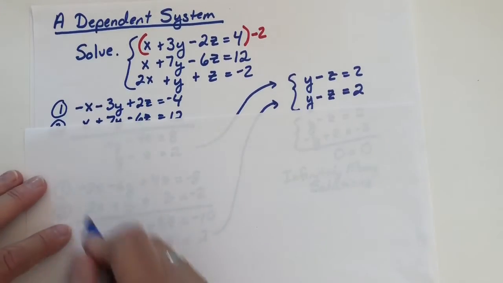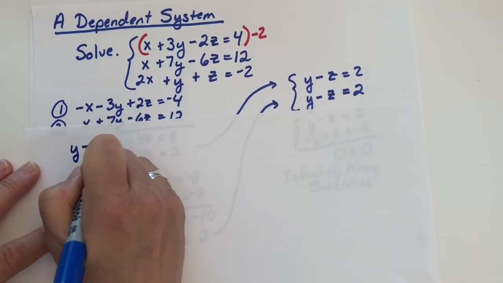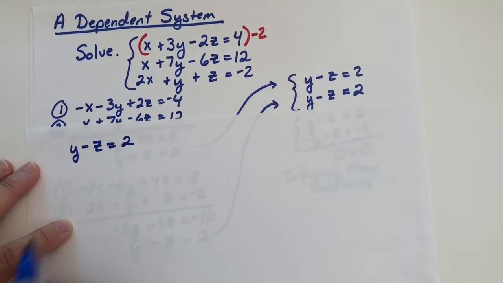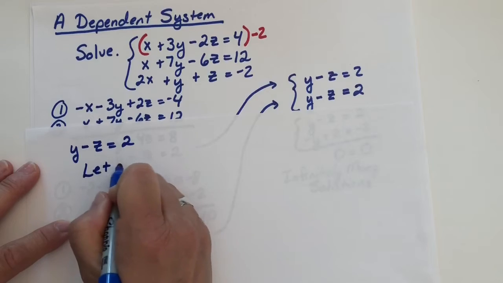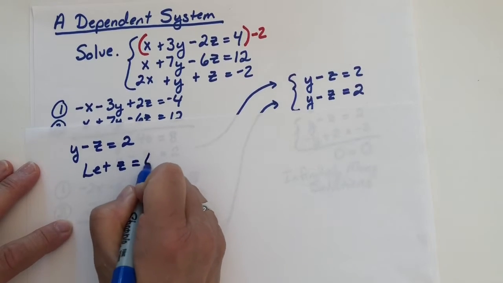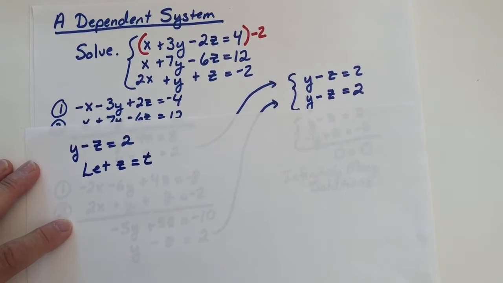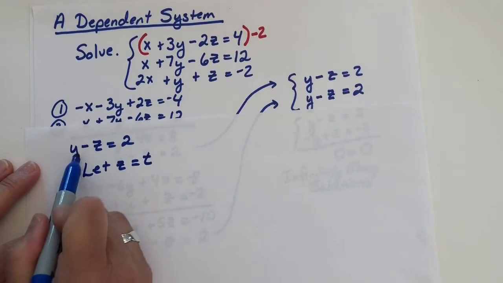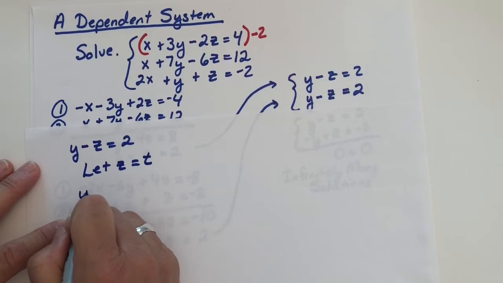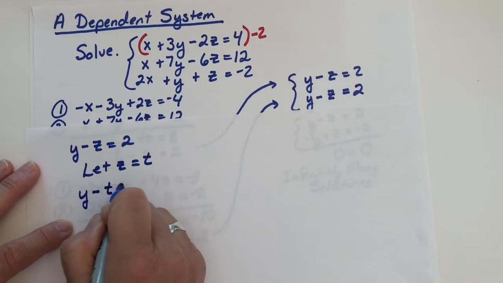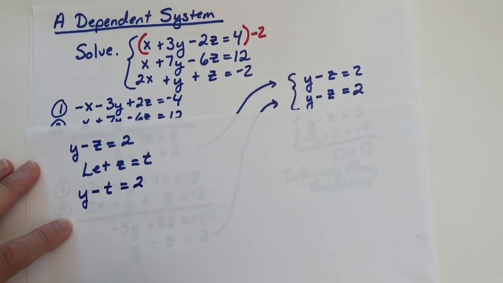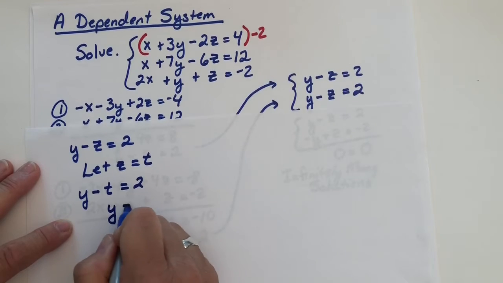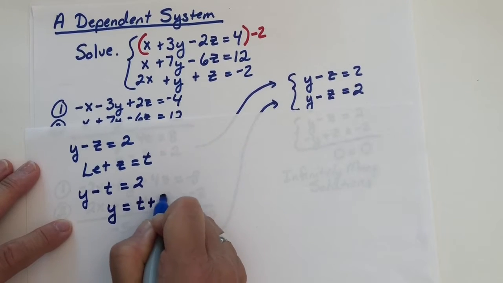So if y minus z equals 2, and I'm going to let z equal t, my parameter is t, I'm going to substitute t into the equation right here, and I have y minus t equals 2, and I have y equals t plus 2.